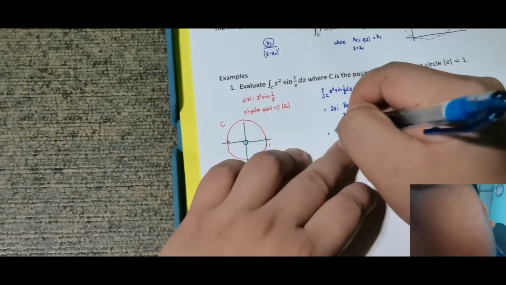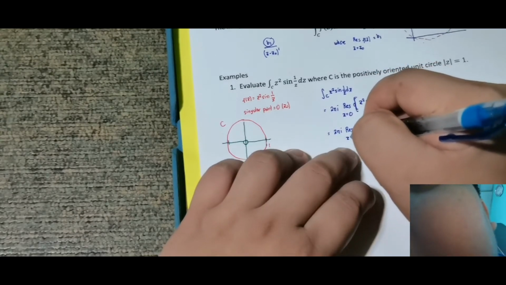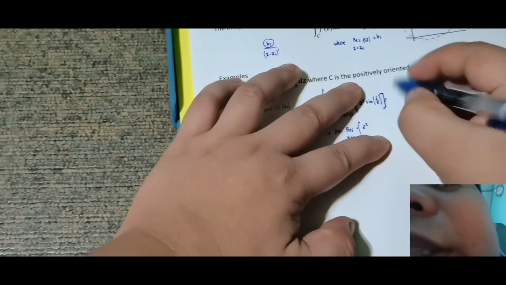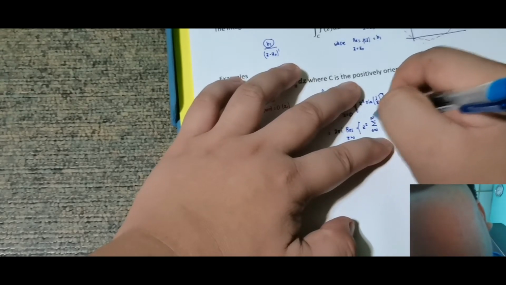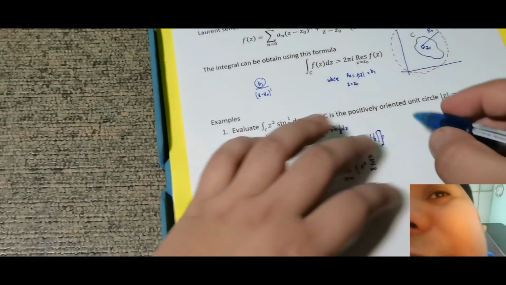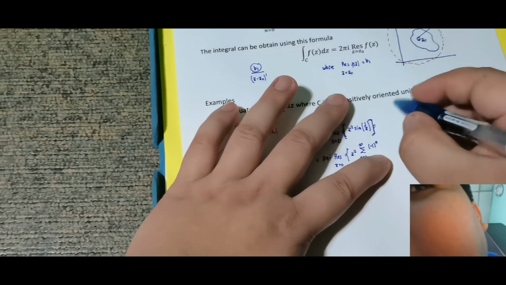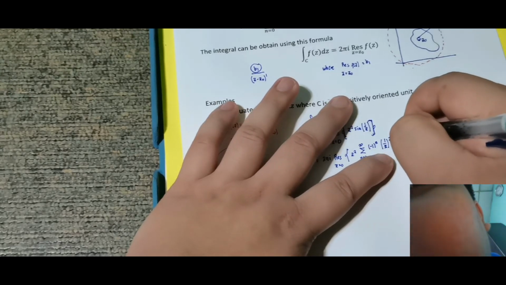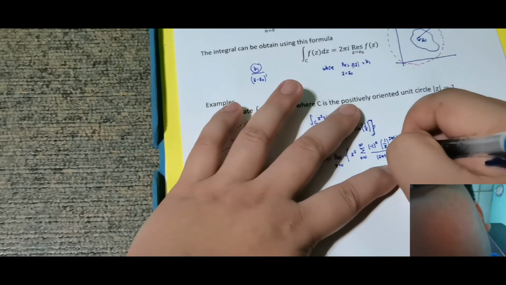This is equal to 2 pi i residue at z equals 0 of z squared times the summation for n equals 0 up to infinity of negative 1 raised to n over z raised to 2n plus 1 times 2n plus 1 factorial.